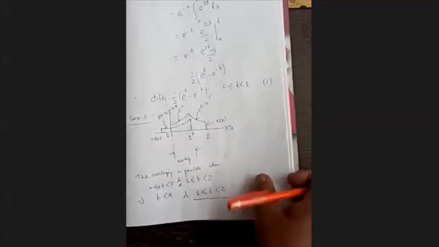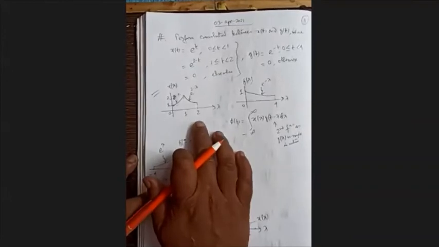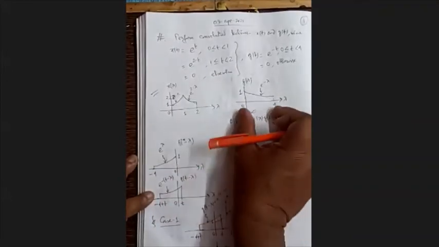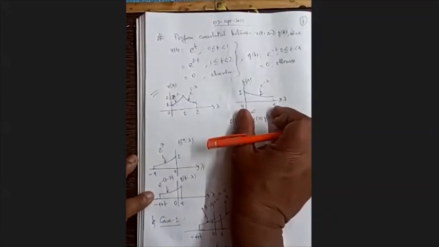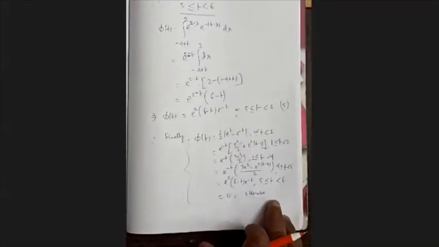Now one more thing, you must consider what is the width of x lambda or xt rather. Our width of xt is 2. Width of g is what? Second function is 4, 0 to 4. And what is the width of our resulting convolution? It is 0 to 6.